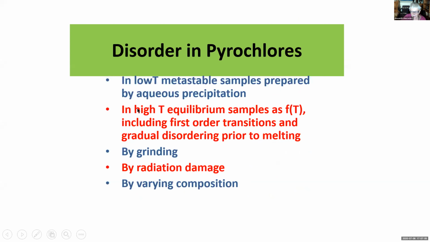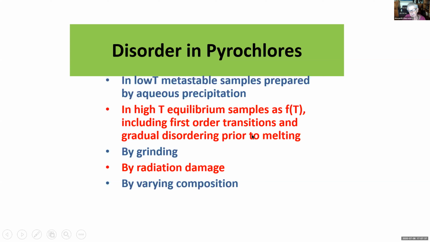So the pyrochlore structure is a derivative of the fluorite structure, and I want to talk about disordering in pyrochlores. Low temperature metastable samples can be prepared by aqueous precipitation of various sorts. They are typically fine-grained, nanophase, and quite disordered. High temperature equilibrium samples can be prepared, and they include some degree of disorder. The disorder appears to occur gradually with temperature prior to melting.